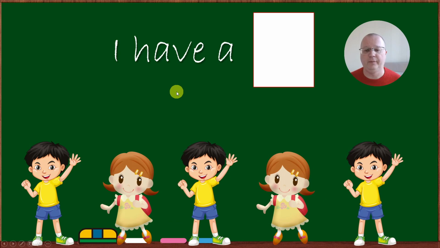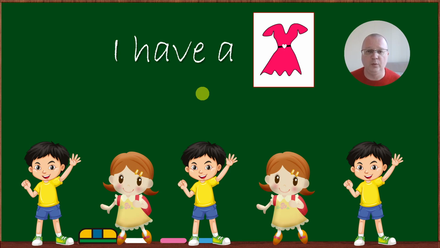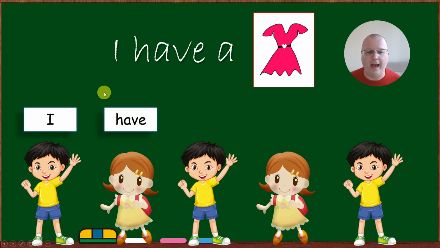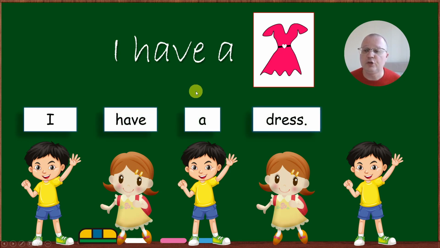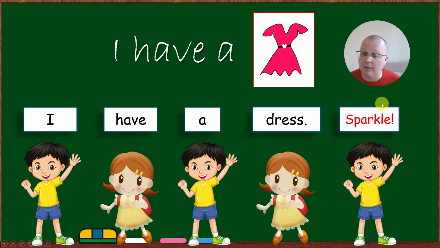Then we have 5 kids left, and you can change the flashcard so they get to practice a different word. In this case, our sentence is I have a dress, and then the game goes on. I have a dress. Sparkle.